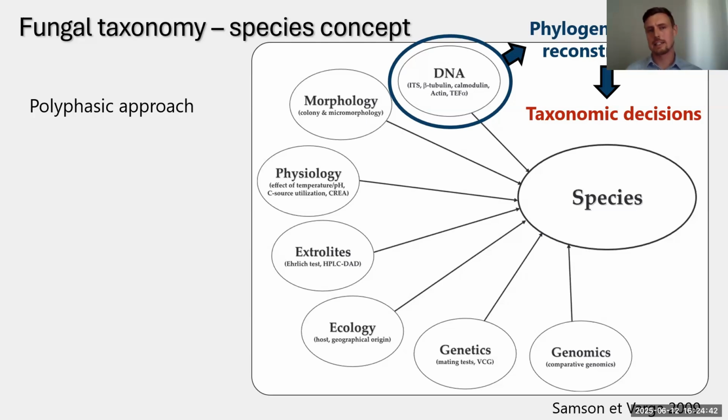But since there are all these other issues with the taxonomy, it often results in DNA data, molecular data, or phylogenetic trees being used with more weight than the other data.